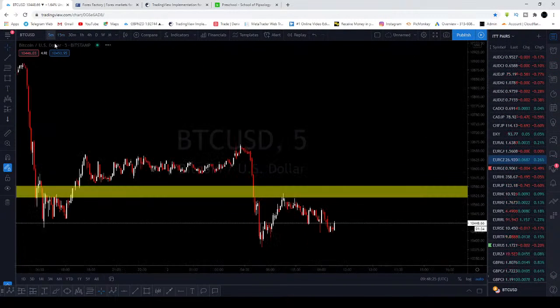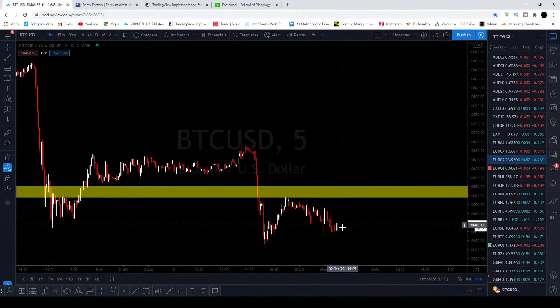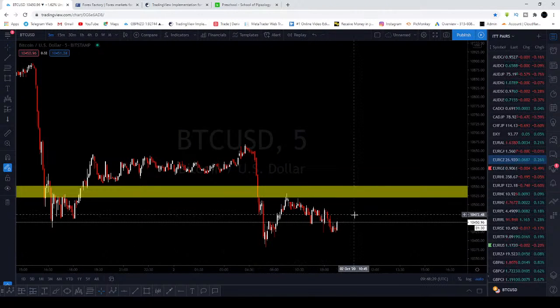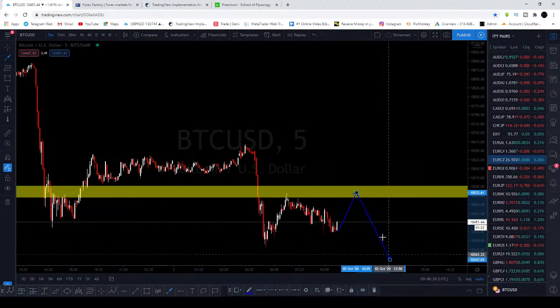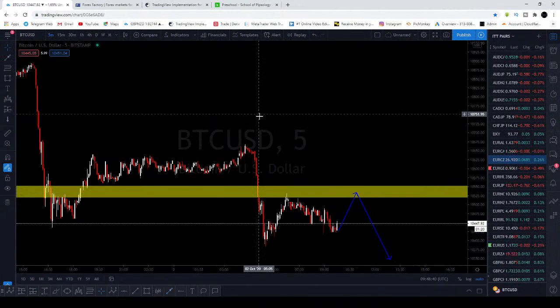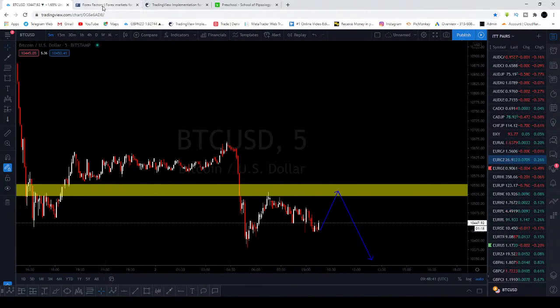On 5 minutes, this is what is happening. It's trying to retest this line again before continuing to go down. See, man, once you know what you're doing, you can trade any pair that comes your way, with very much confidence.